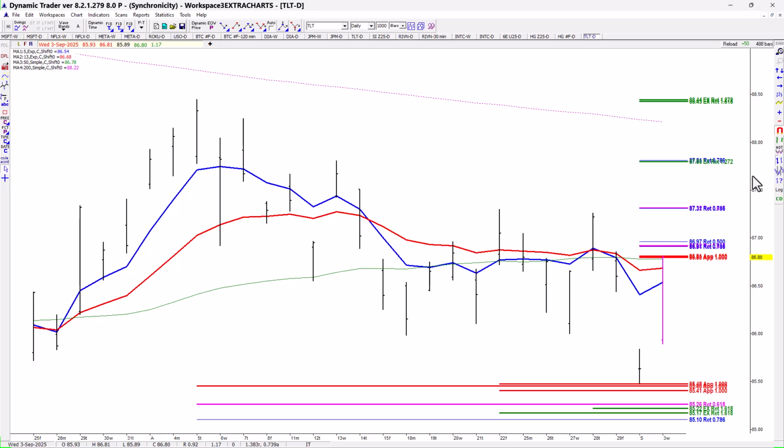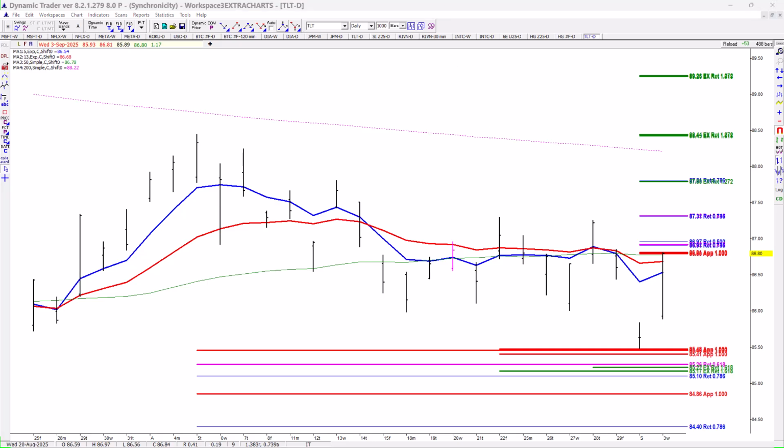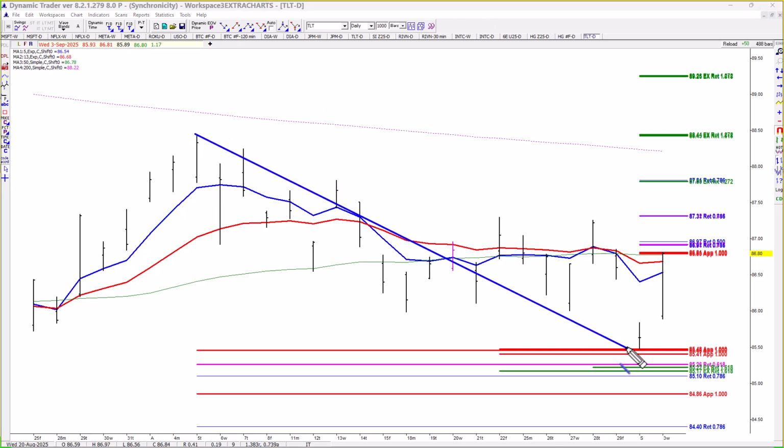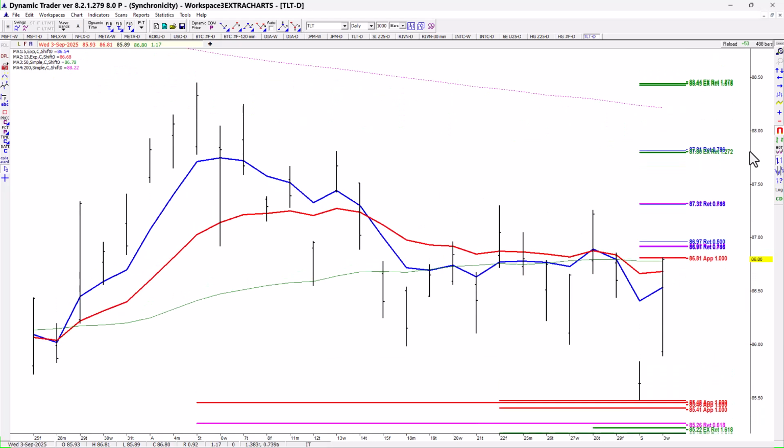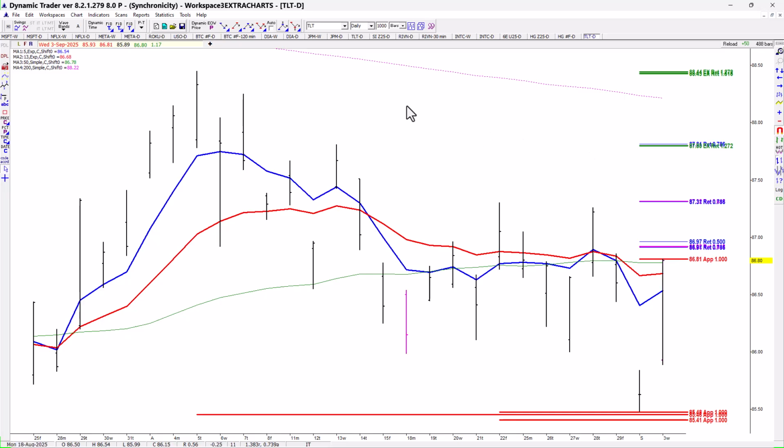But if we do push through it instead, then it opens the door up for some higher prices here. But you have to take this work from one decision to the next. This was the last decision. This is the current decision. And basically, we're going to see to fail or not to fail.